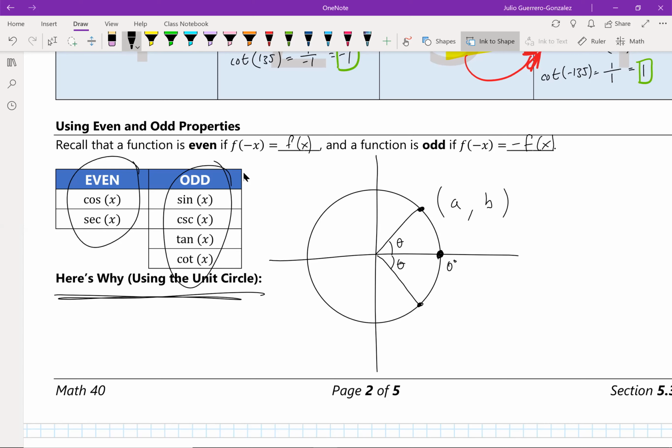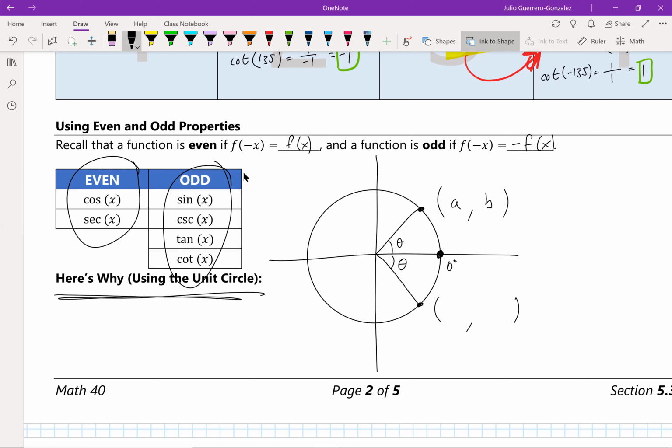What can you guys tell me about this point down here? So which one's positive and which one is negative? The first one's positive and the second one's negative.